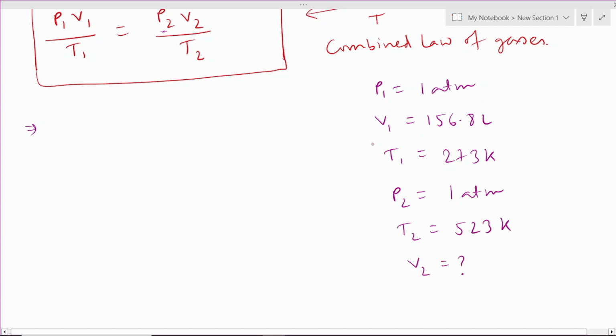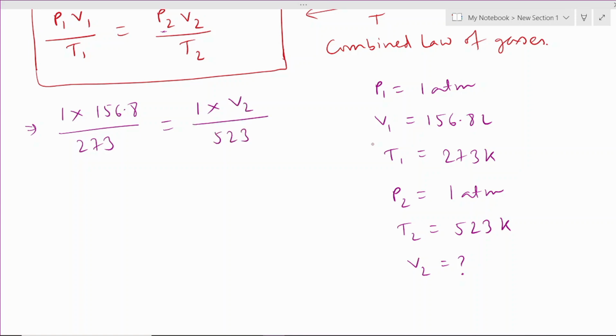So simply put those values upon 273 is equal to, so we can calculate the V2.